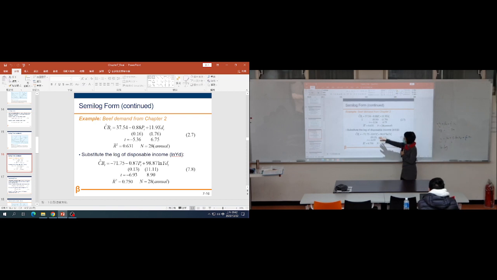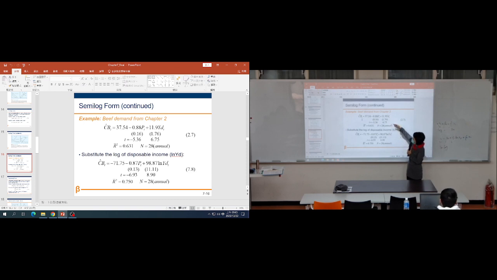Well, yes, the adjusted R squared increases from 0.63 to 75%. R squared cannot be used. Yes, we can, because we have the same beta. Yes, we can. So this one is better than this one.